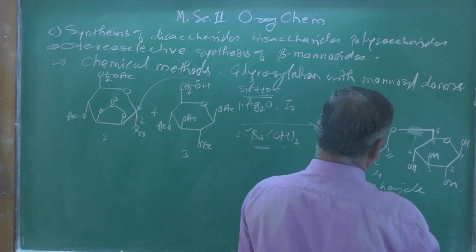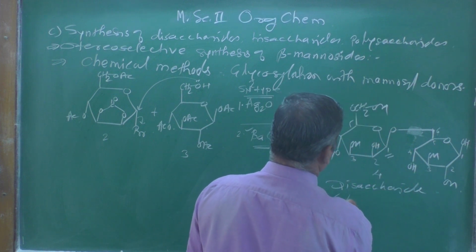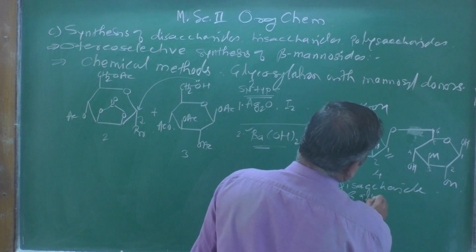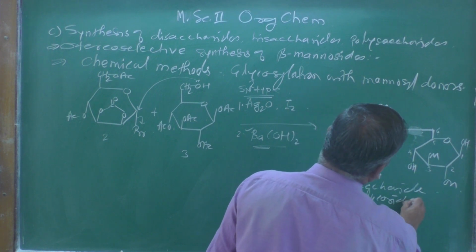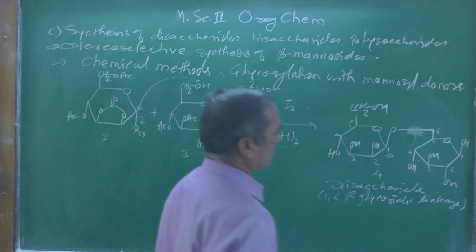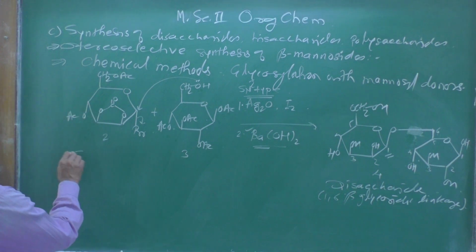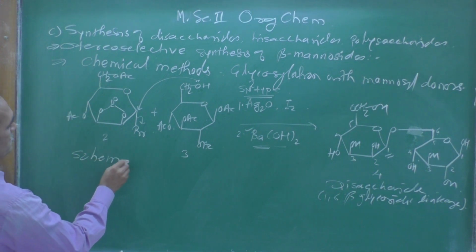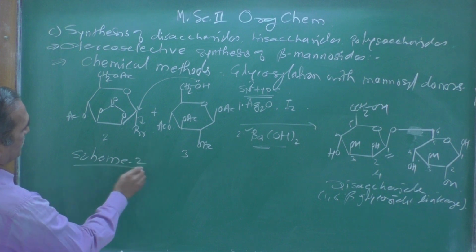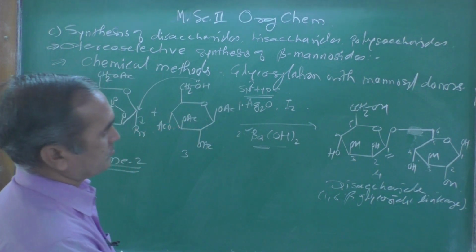It means that a 1,6 beta glycosidic linkage is found in this structure, and this is scheme number 2, represented in this way.